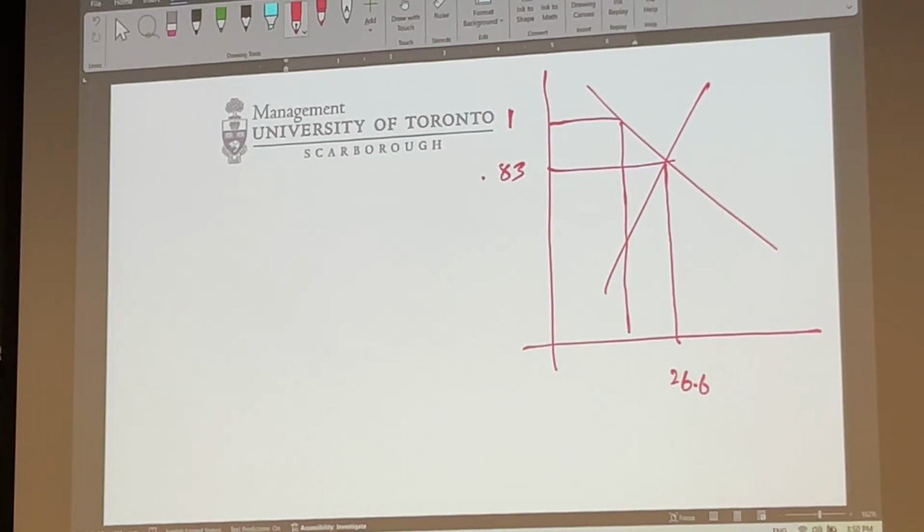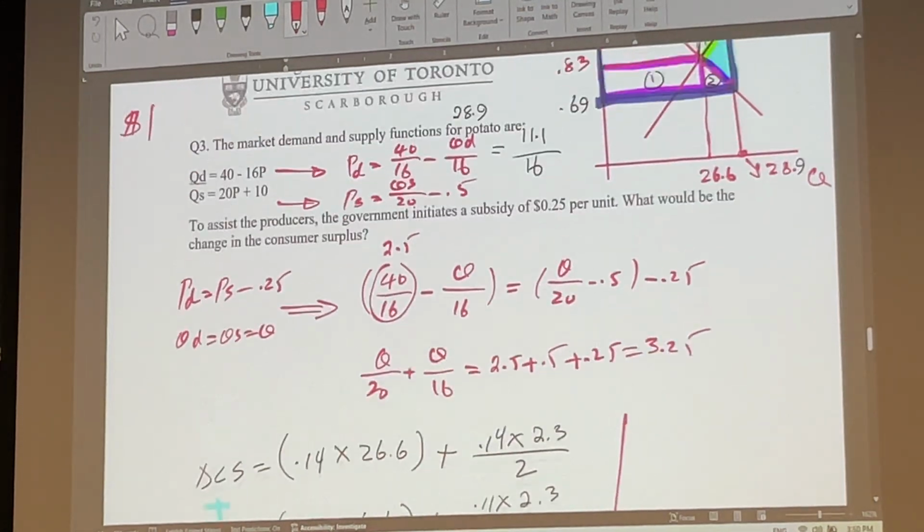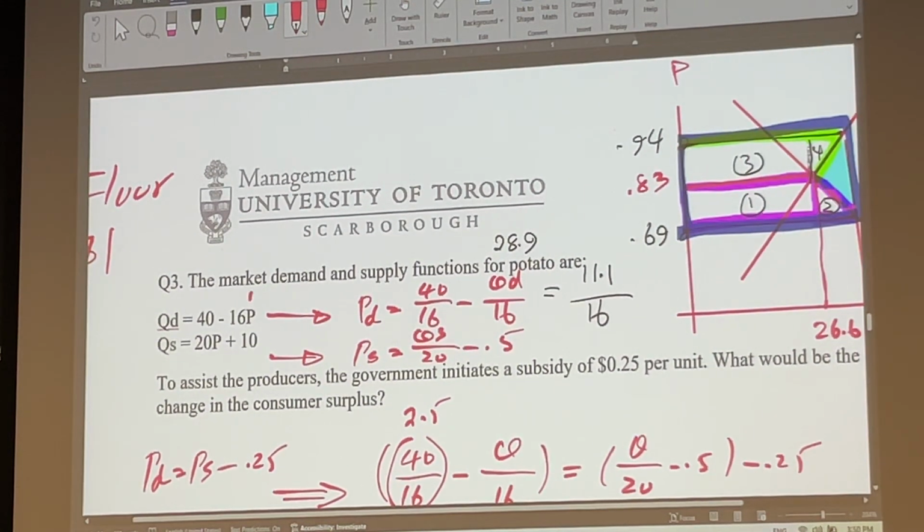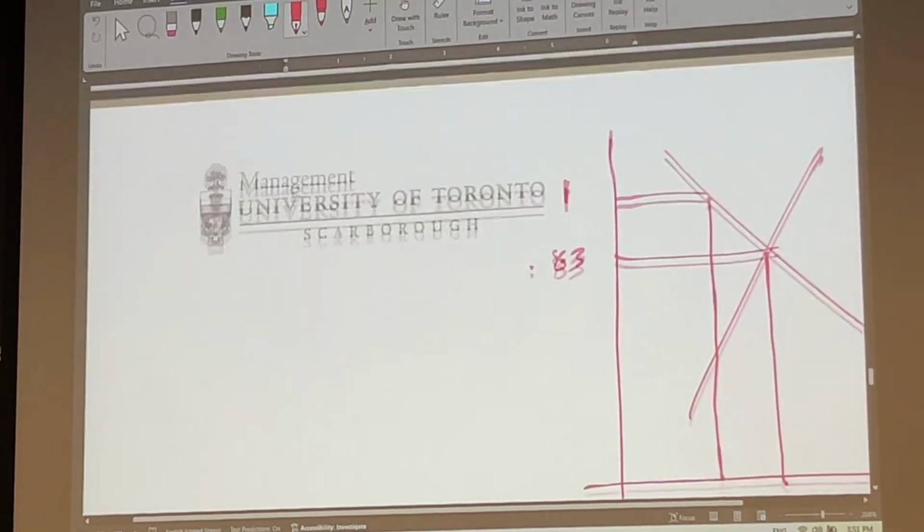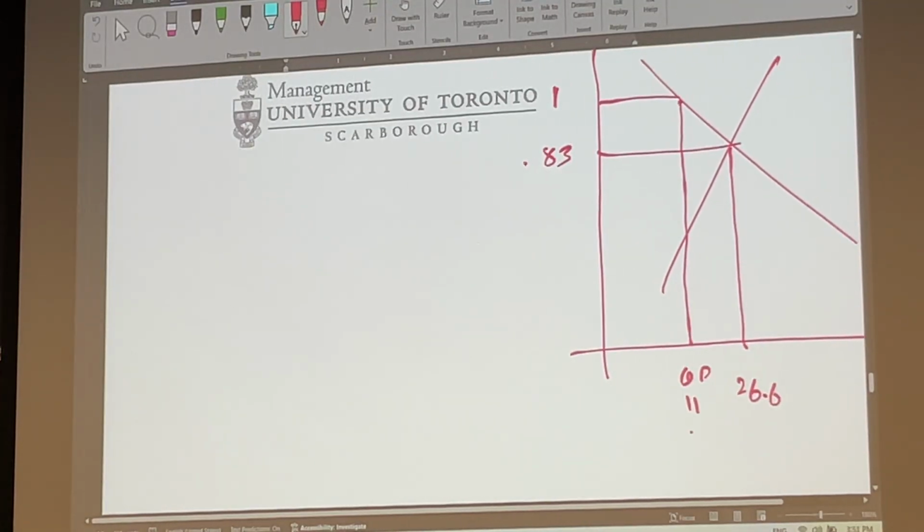How much would they demand? If you put 1 in the demand, what do you get? If you put 1 here, you get 24. So at that price, the demand will be 24. Make sense?